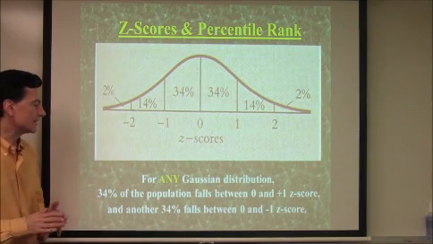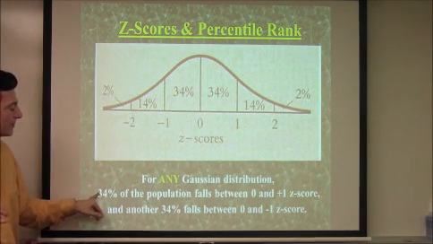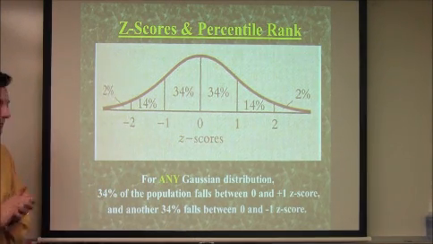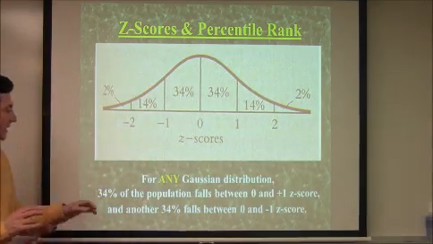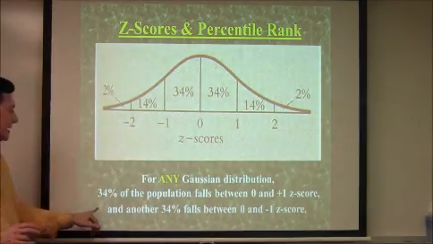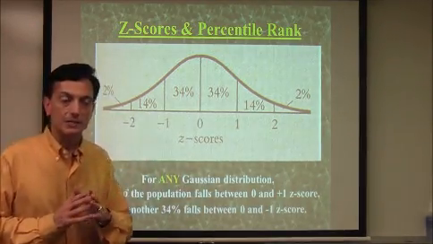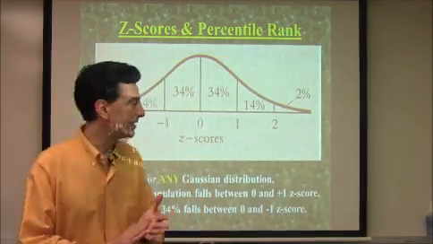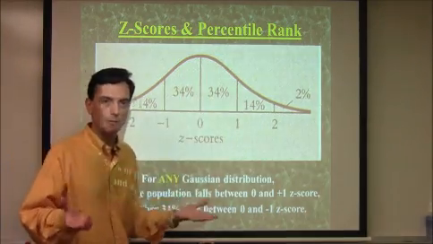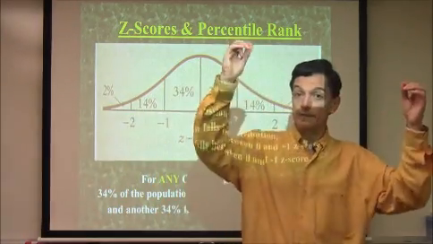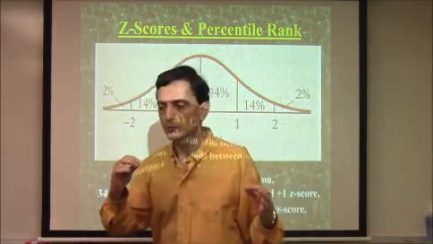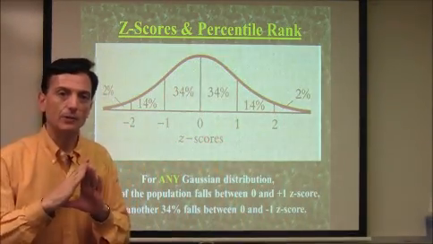For any Gaussian distribution, 34% of the population falls between 0 and positive 1 on the z-score scale, and another 34% falls between 0 and negative 1, as you can see here. So one of the nice features about a perfect Gaussian is that it has these mathematical properties, just like a linear curve has, or a linear trend has mathematical properties, a right triangle has mathematical properties.